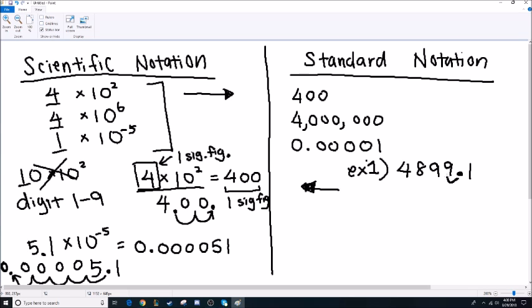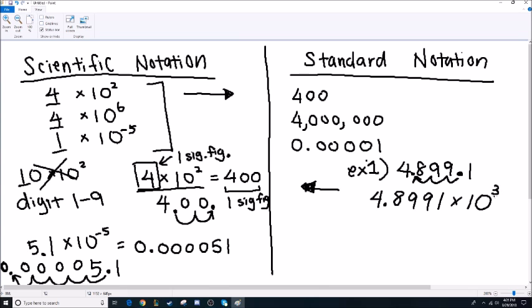So that means I have to move this decimal 1, 2, 3 in between the 4 and the 8. So that way I have 4.8991 times 10. And I know I moved 1, 2, 3 spaces. So I'm going to put a positive exponent up here.